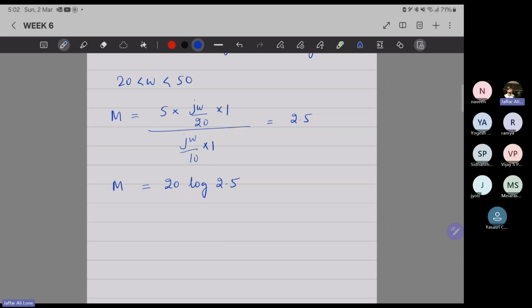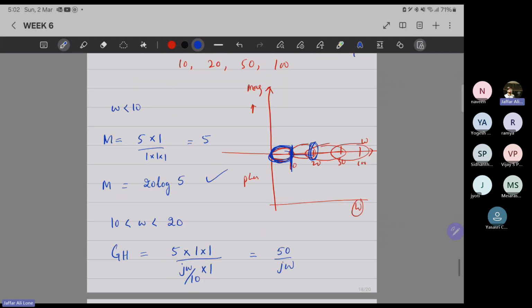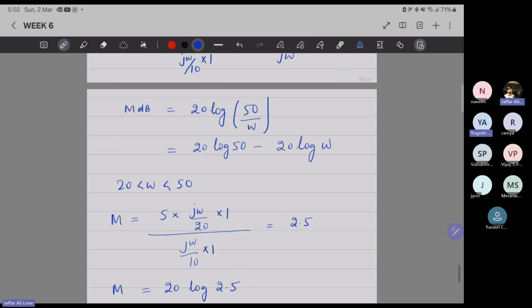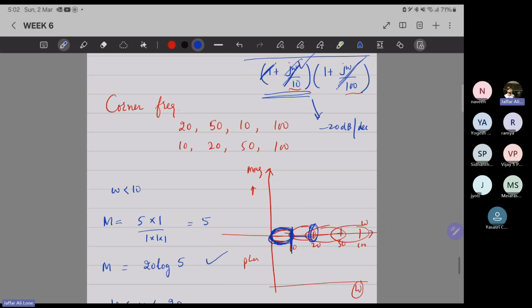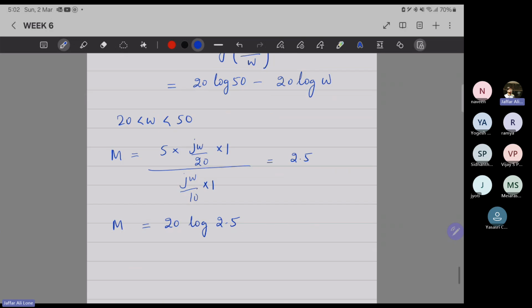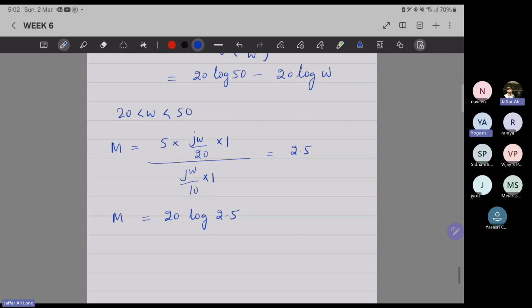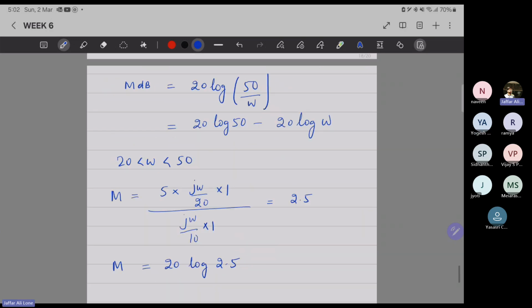So again, you have a zero, so your slope will change. You already have a slope of minus 20 dB per decade. Now you reached 20. At 20 you have a zero, which gives a slope of plus 20 dB per decade. So minus 20 plus 20, you'll get 0 dB per decade slope till omega 50 is reached, right?